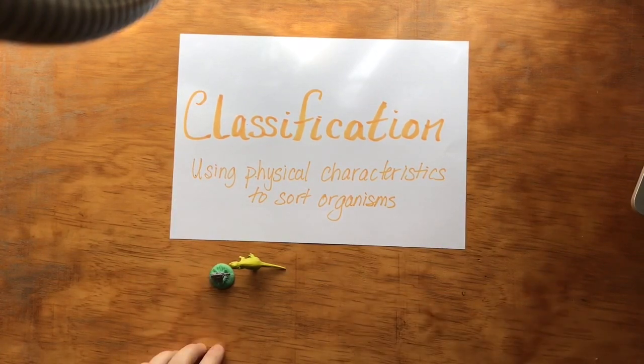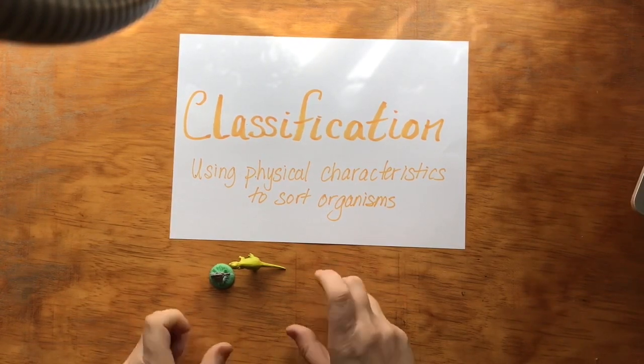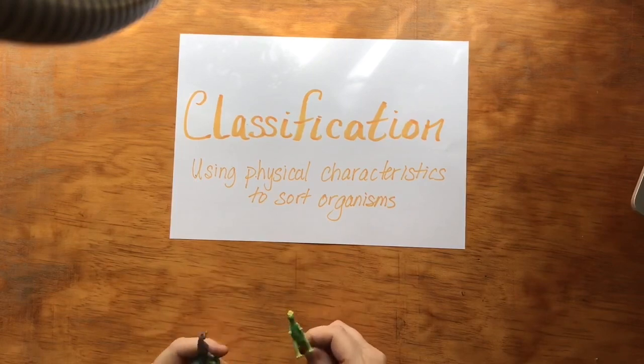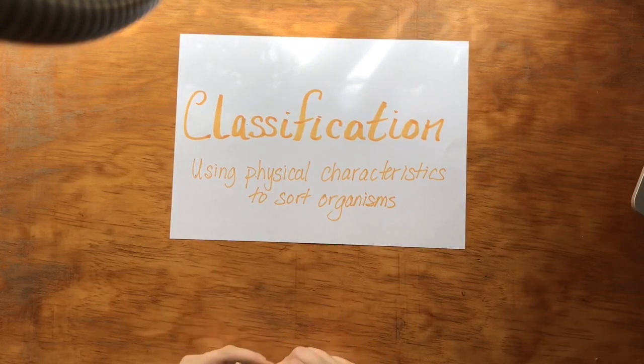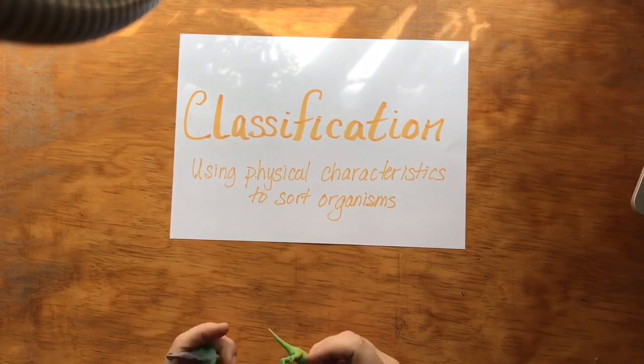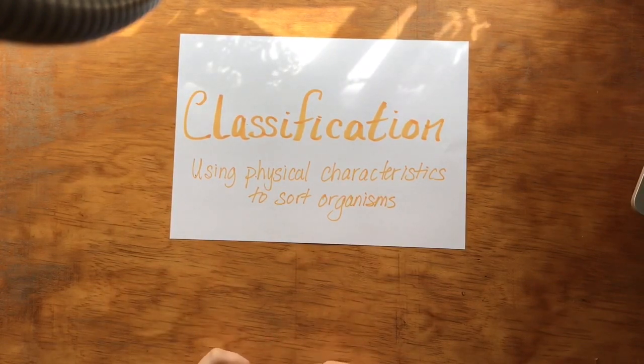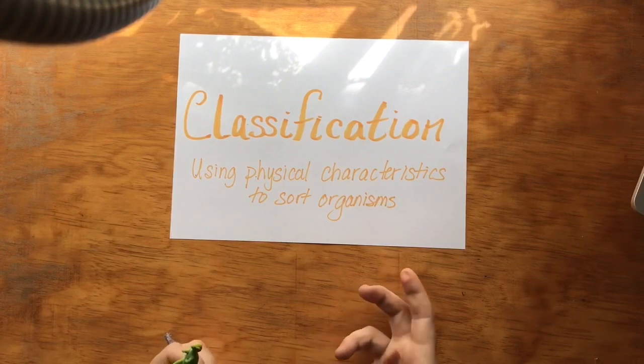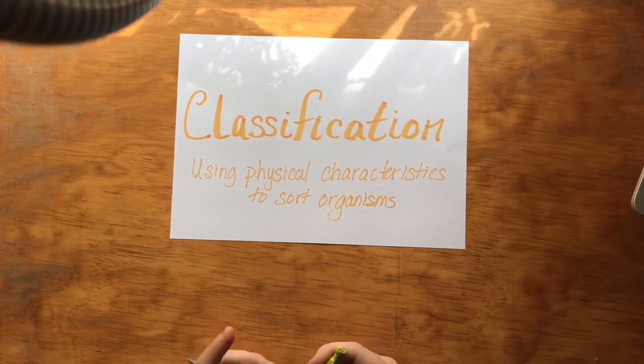If you consider two organisms like an orca and a bottlenose dolphin, they both live underwater. They both have to come to the surface to breathe. They have backbones, they have brains, fins, and teeth. And so they are pretty closely classified together.